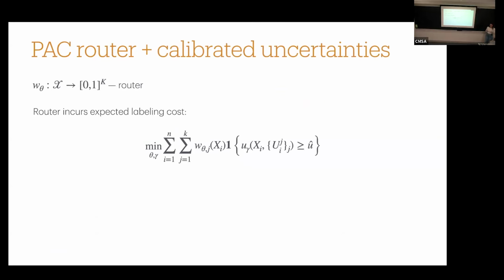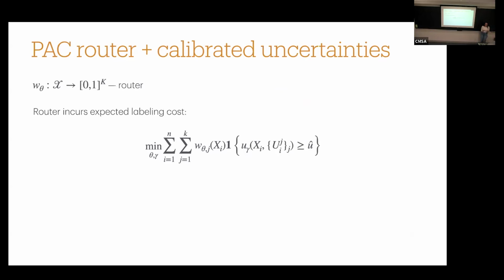This is the first version of the router that we came up with, but then you can do more clever things. In particular, with the first version of the procedure, the uncertainties were still not necessarily calibrated enough. So if we're throwing in this learning step, why don't we also try to learn a better representation of the uncertainties?